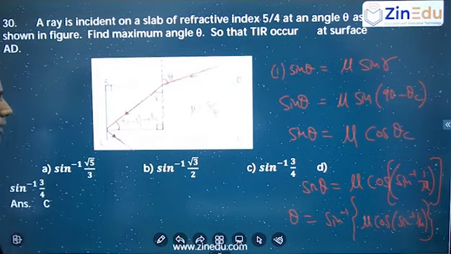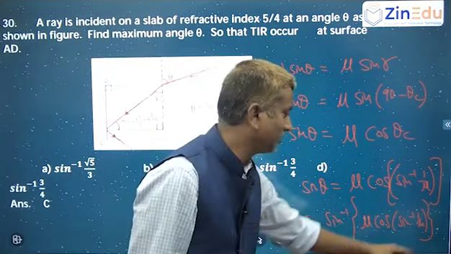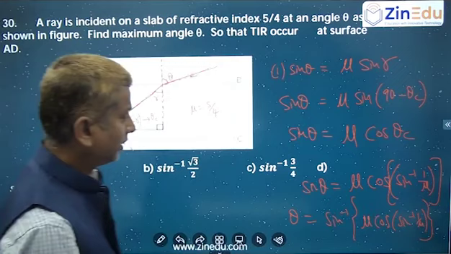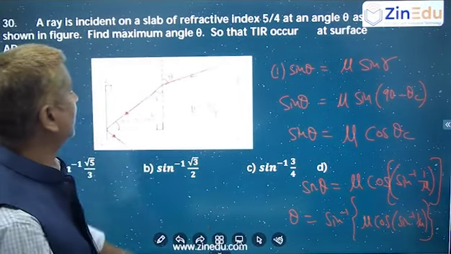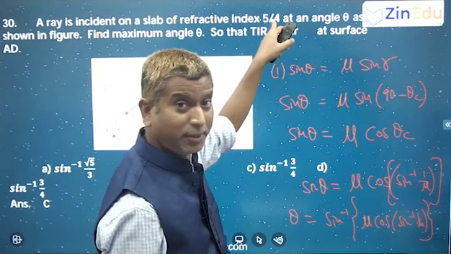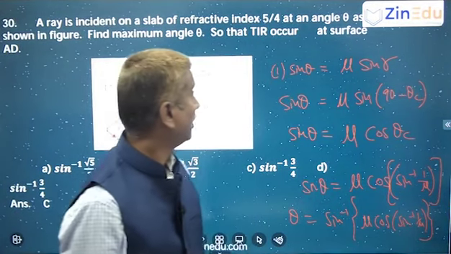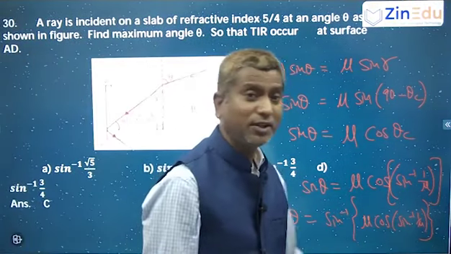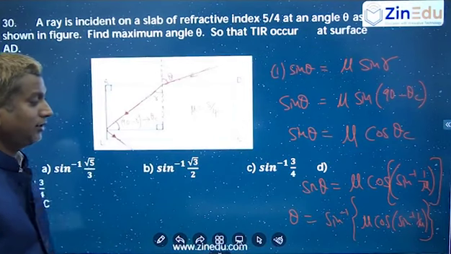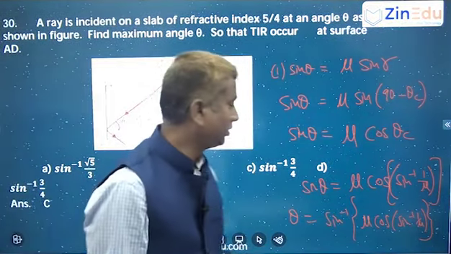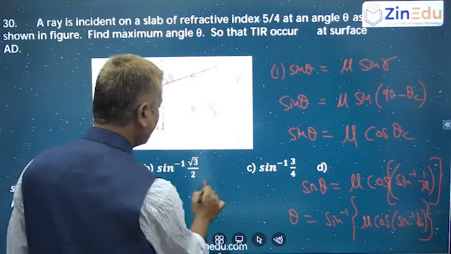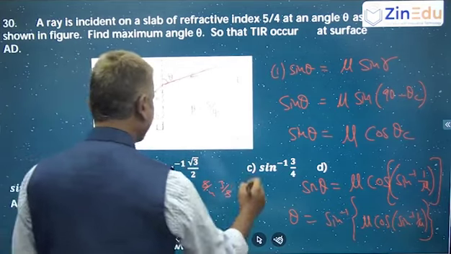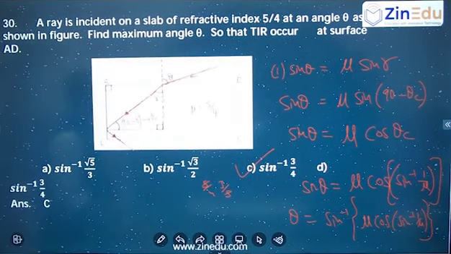Now substitute: 1 by nu is 4 by 5, because nu is 5 by 4. Sine inverse of 4 by 5. Okay, so cos of sine inverse of 4 by 5 is actually 3 by 5. So nu into 3 by 5, nu is 5 by 4 into 3 by 5. So you'll get sine inverse of 3 by 4. Sine inverse of 3 by 4.